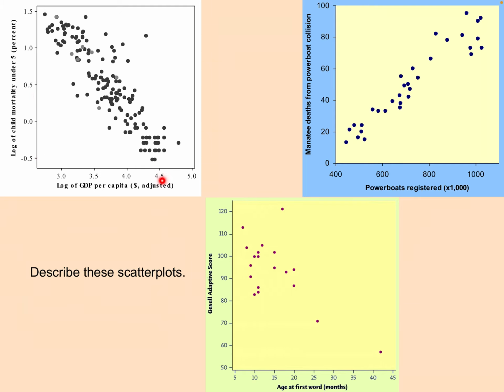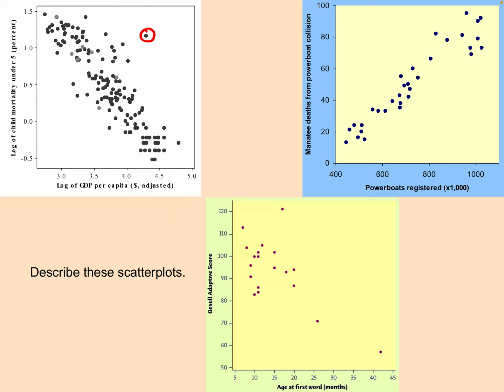This means that richer countries have lower child mortality rates and vice versa. It's a reasonably strong negative linear relationship between these two variables, right? We do seem to have one outlier right there, okay? But it's just one of a fairly large data set, so it's really nothing to worry too much about. The pattern is very clearly linear with or without the outlier.